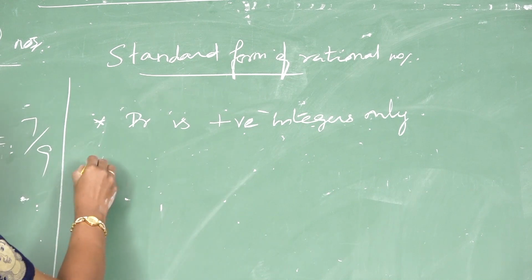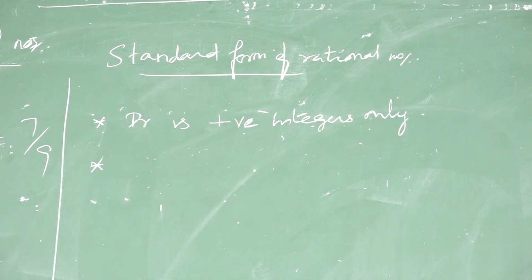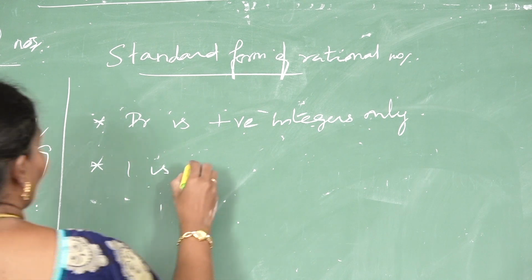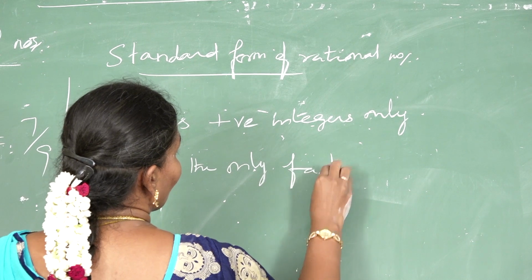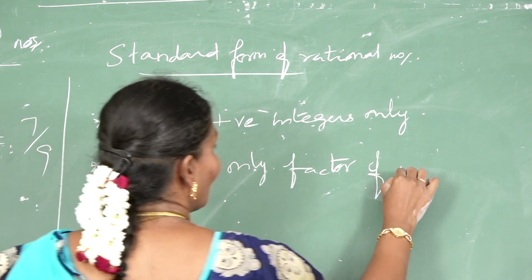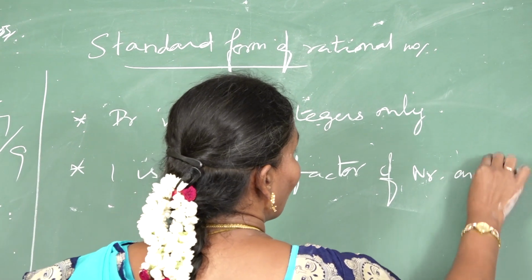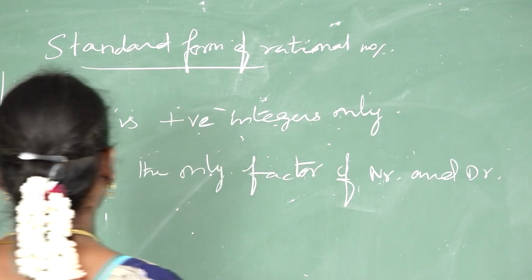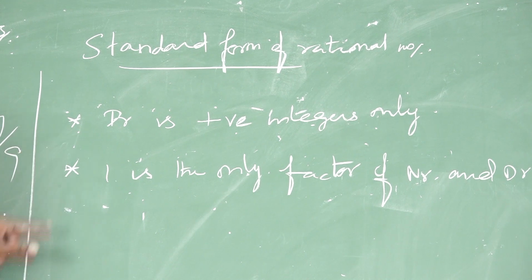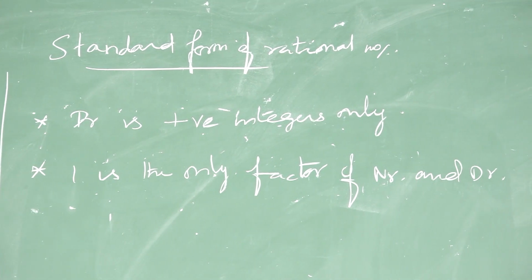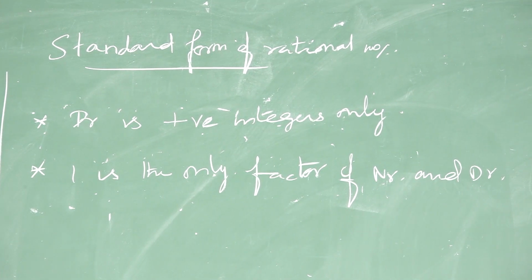Then the next condition is 1 is the only common factor of the numerator and the denominator. So if a rational number satisfies these two conditions, that is called the standard form of a rational number.